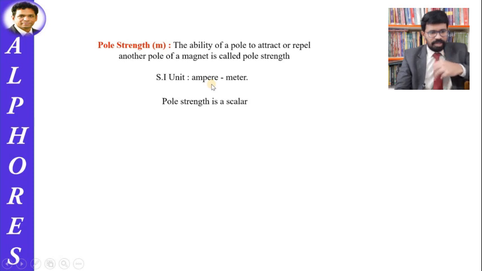Pole strength is a scalar quantity. It depends on the area of cross section of the pole. This point is very important; I want you to remember this. If the area of cross section decreases, pole strength decreases. If the area of cross section is more, what happens? More field lines will be coming out, so there will be more pole strength.